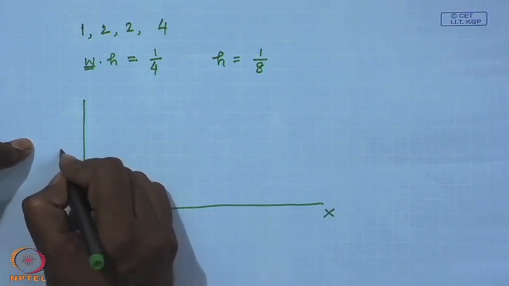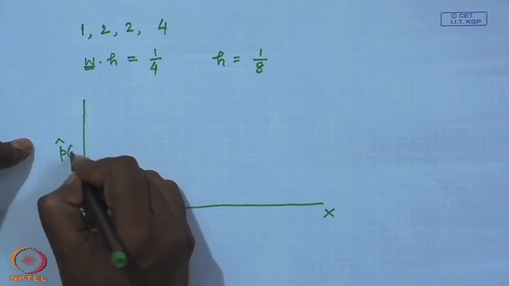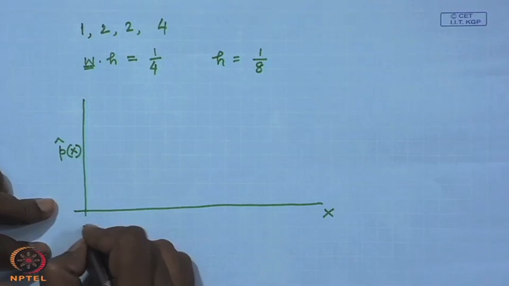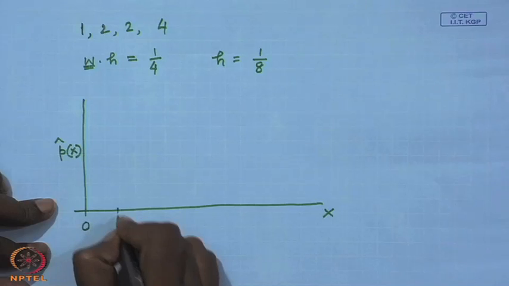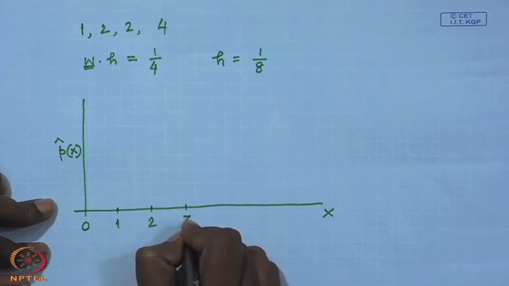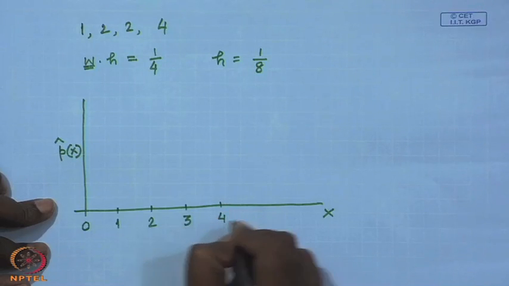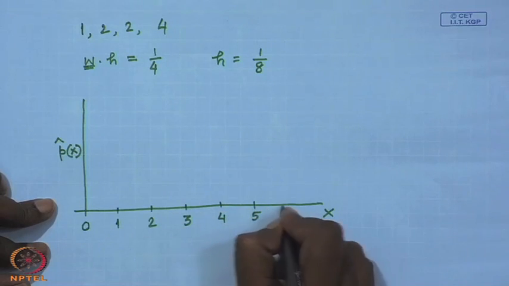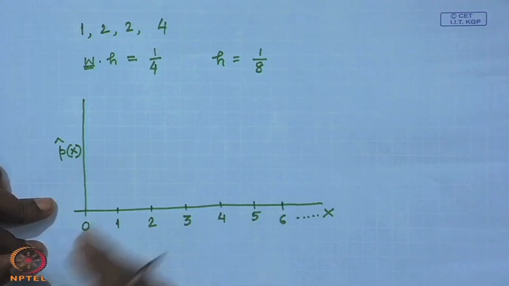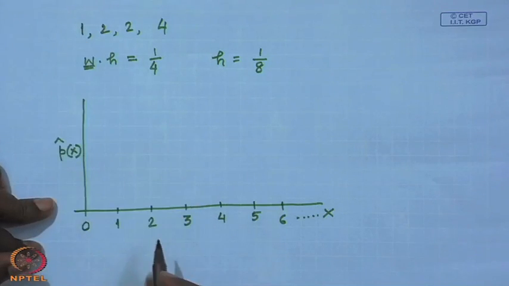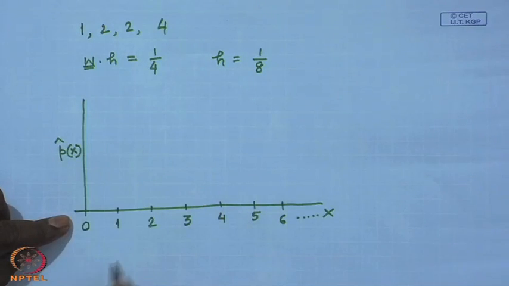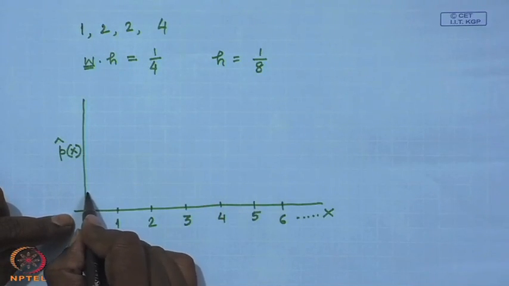So, now let us try to estimate the probability density. I have x, I have the estimated probability density p hat of x. Okay. So, again let us put 0, 1, 2, 3, 4, 5, 6 and so on. Here I will put a window of width 2 and height 1 upon 8 at location 1.